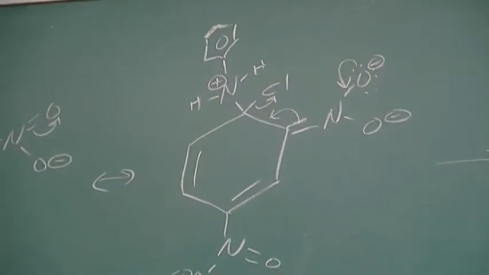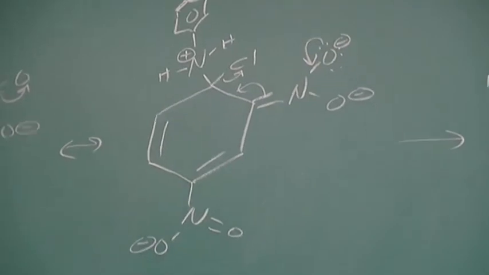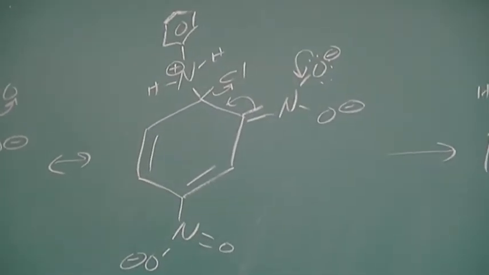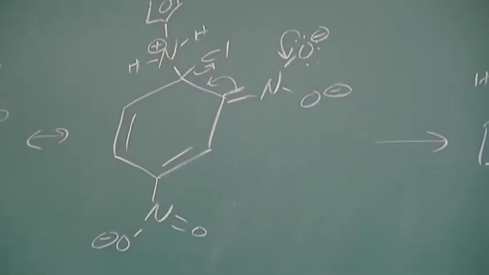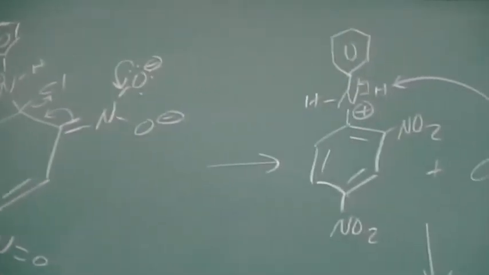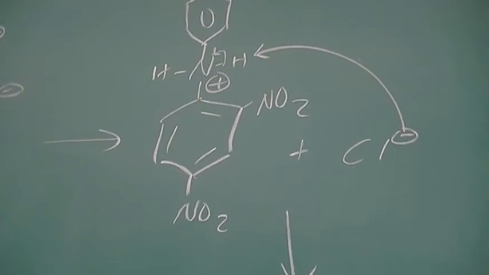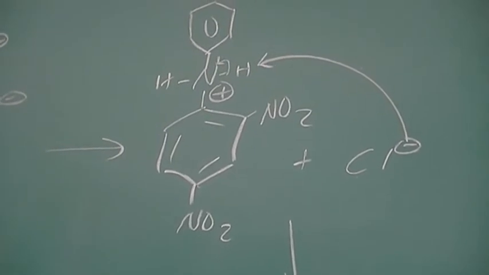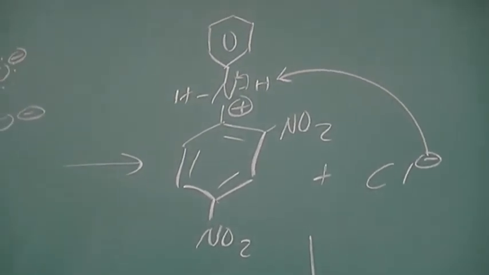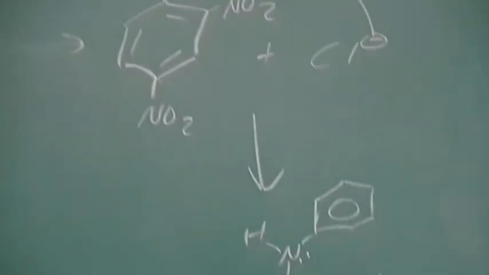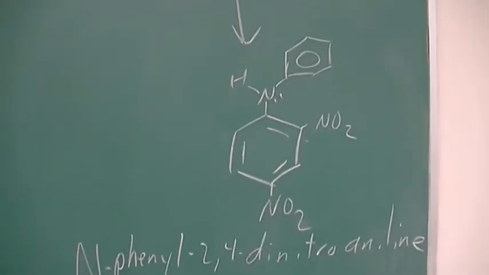So nucleophilic aromatic substitution is an addition, where you add the nucleophile, and then an elimination, where you release the leaving group. The chlorine was released, and then that will pull off the hydrogen off of the positive nitrogen to give you your neutral product.